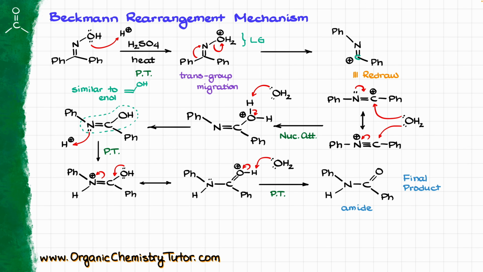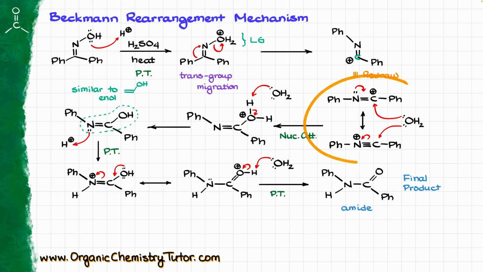So our first step with sulfuric acid was to convert our OH into a good leaving group. Once we have our leaving group, the leaving group is kicked off, and the group that was trans to our leaving group migrates onto the nitrogen.